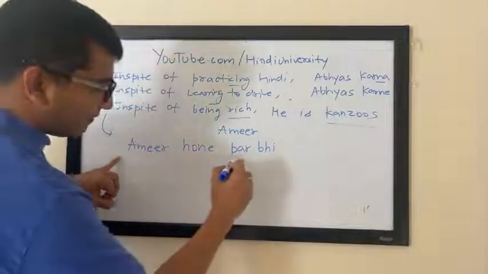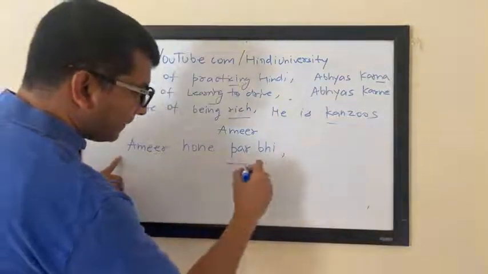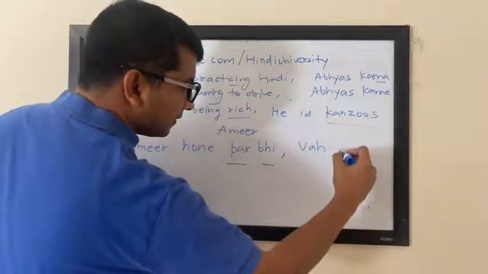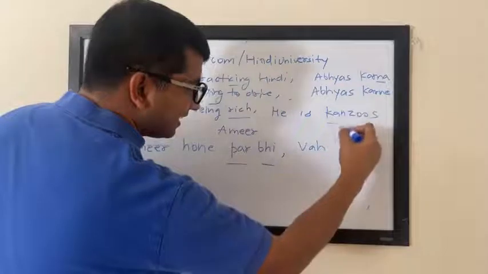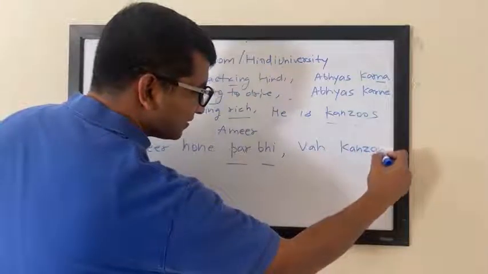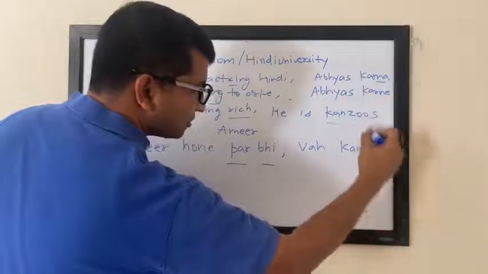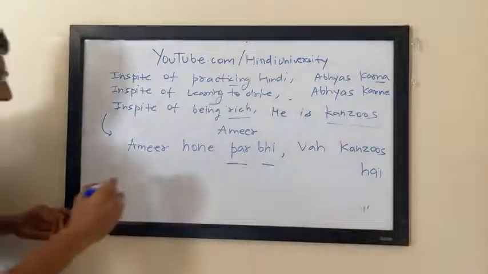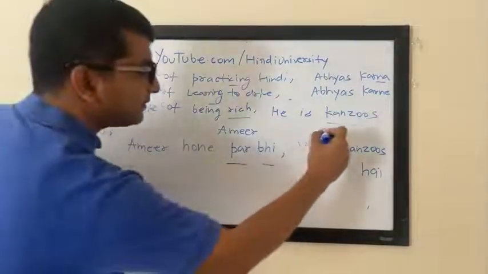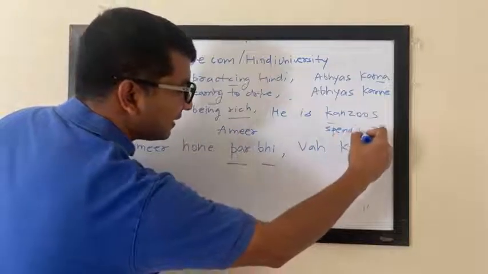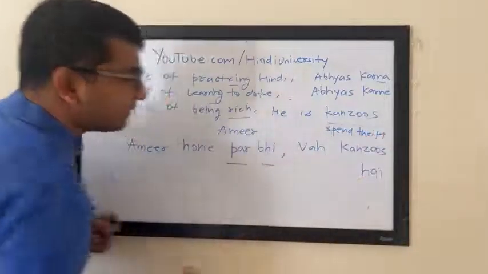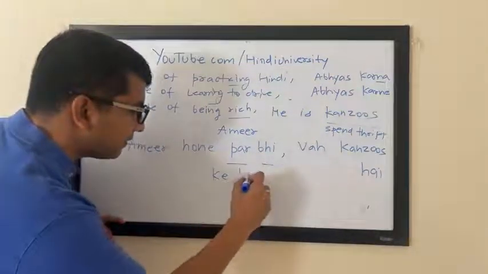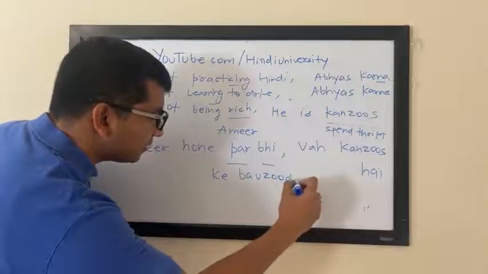Amir hone par bhi, कंजूस है. It means in spite of being rich, he is spendthrift. He doesn't want to spend money. अमीर होने पर भी और अमीर होने के बावजूद वह कंजूस है.